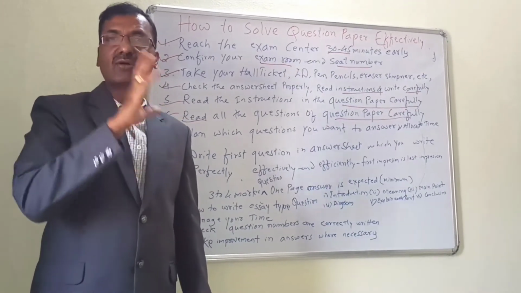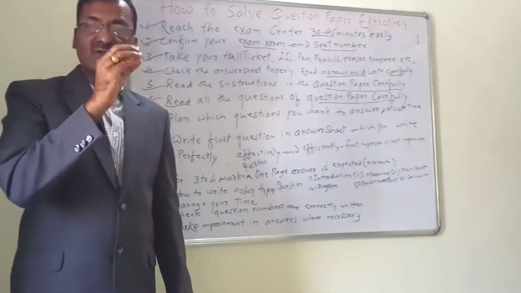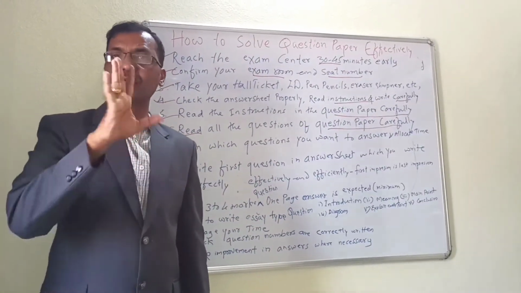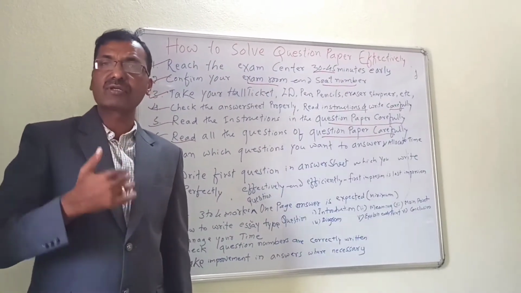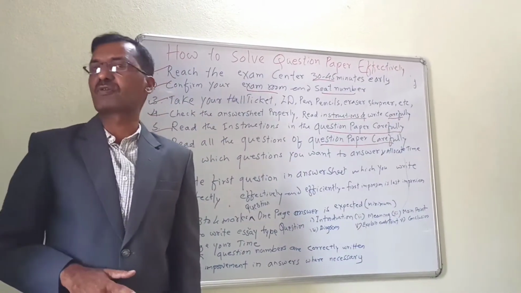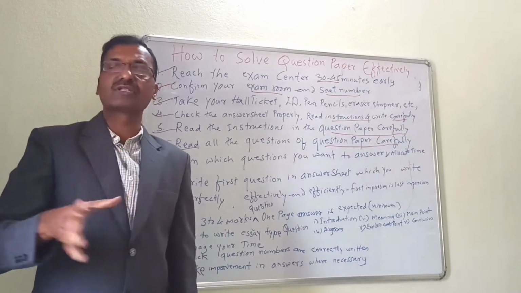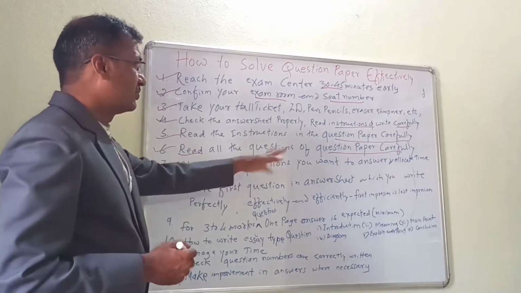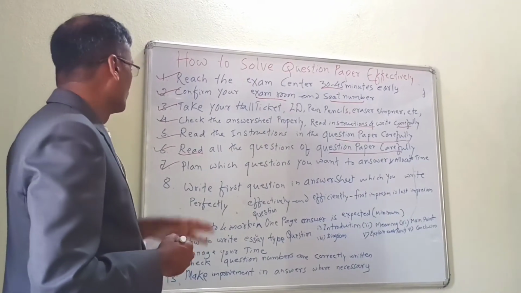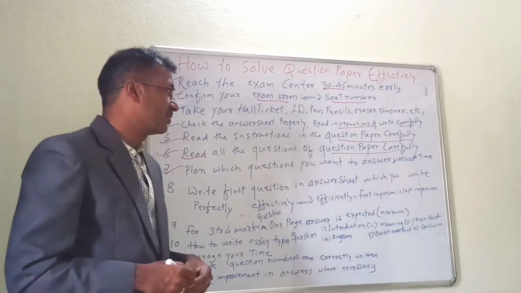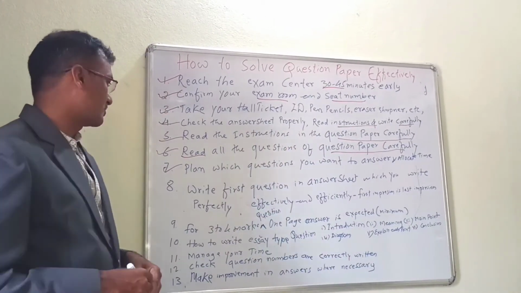Take an example: out of 5 questions, question number 1 is compulsory, and from the remaining 4 questions you have to write 3. In that, you know question number 4 in a proper way. So write question number 4 first. Thereafter, the questions which you know properly. So you have to plan the question paper and allocate time for those particular questions also.